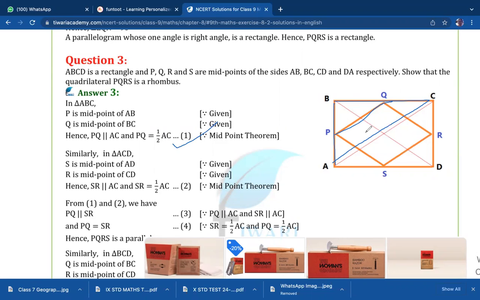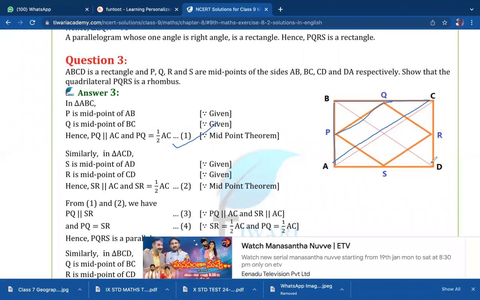Let me take the other part. This was above AC. Now take the triangle which is below the diagonal AC. This is triangle ACD. Now, S is a midpoint and R is a midpoint. The line joining the midpoints SR is parallel to AC and also half of AC.